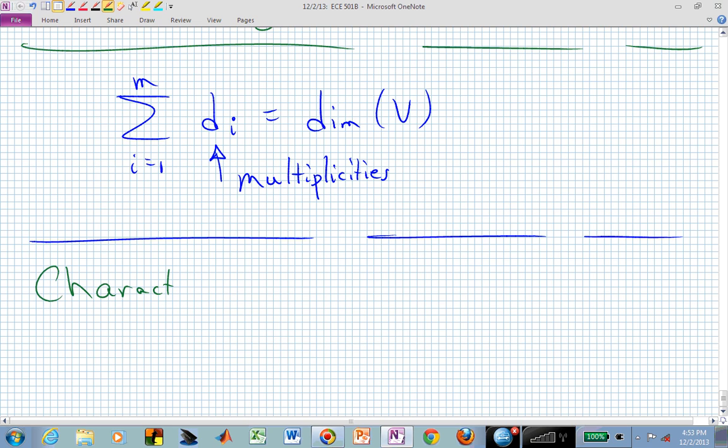Now we can move on to the characteristic polynomial and the Cayley-Hamilton theorem, now that we know something about these multiplicities. The characteristic polynomial is the following.